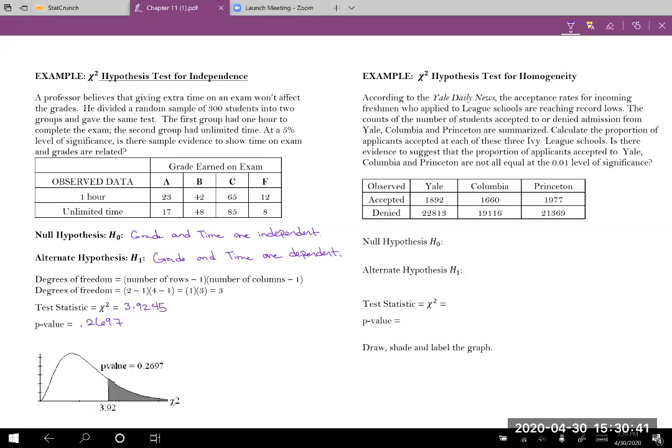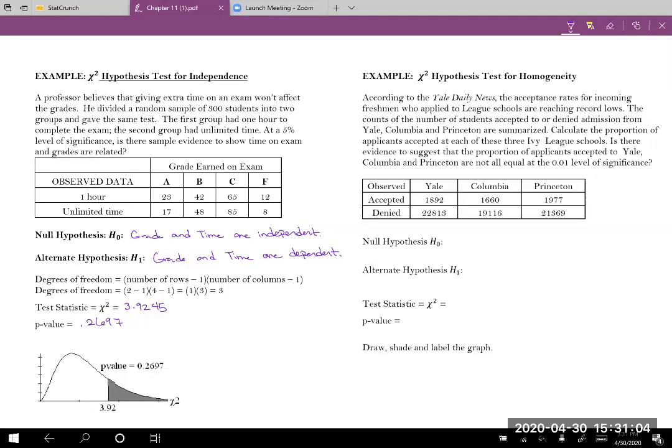So looking at the count of the number of students who were accepted or denied at Yale, Columbia, or Princeton are summarized. We want to calculate the proportion of applicants accepted at each of these schools. Is there evidence to suggest that the proportions of applicants accepted to Yale, Columbia, and Princeton are not equal?